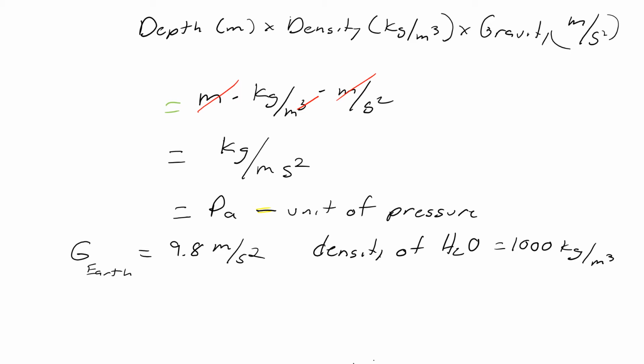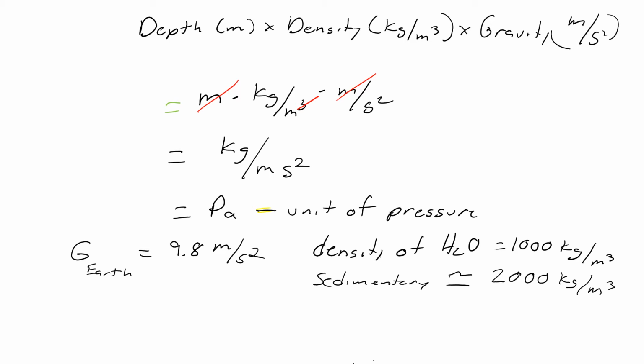It's also worthwhile to know that sedimentary rocks are on the order of twice as heavy, somewhere around 2,000 kilograms per meter cubed. In groundwater studies, most of the time we're dealing with sedimentary rocks because they make good aquifers.